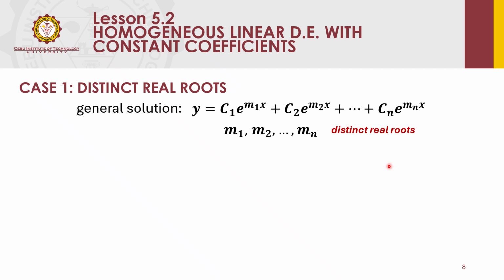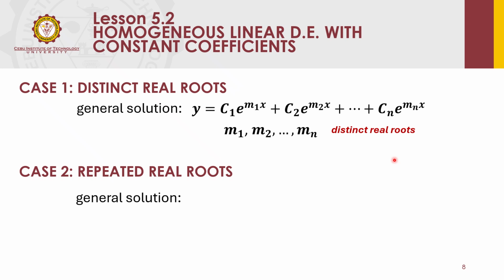If the differential equation is of second order, then we expect two arbitrary constants and two roots of the auxiliary equation, whether distinct and real, or repeated and real, or distinct and imaginary, or complex roots. And the last one would be repeated and complex roots.